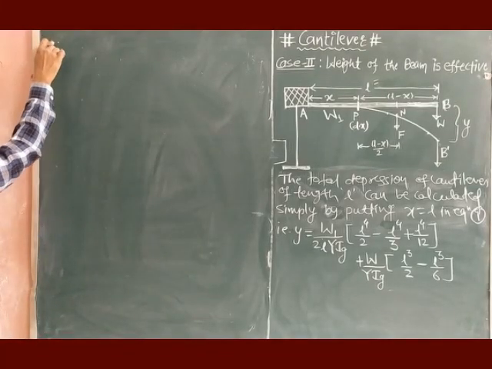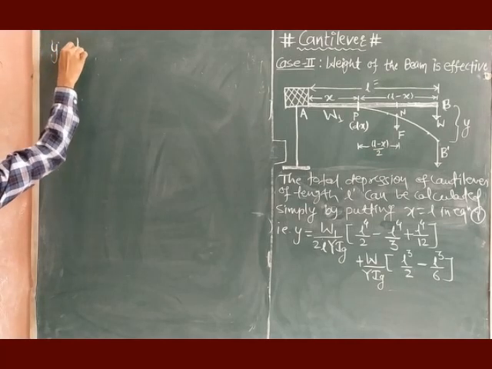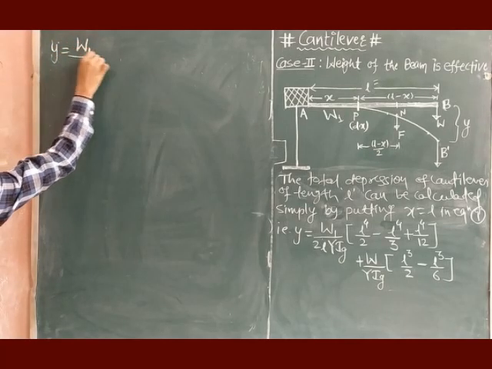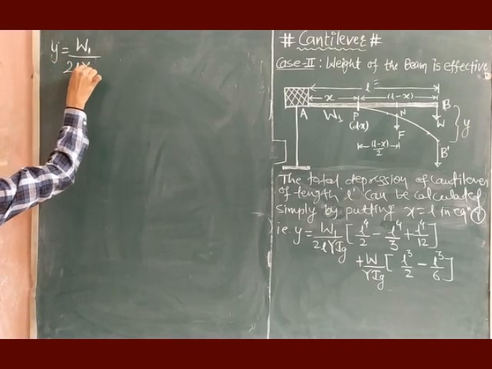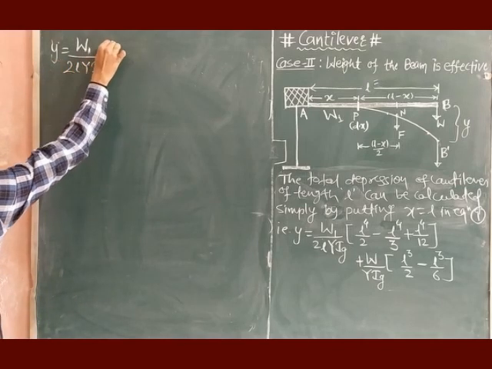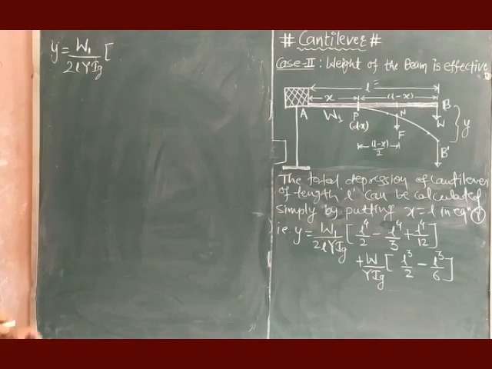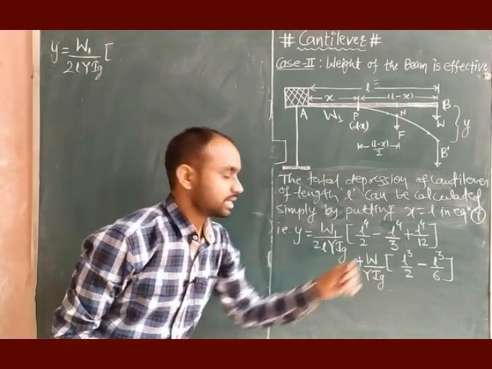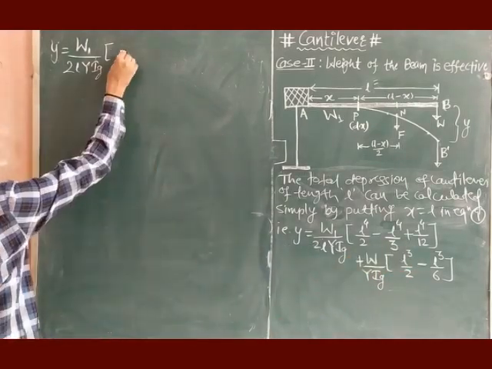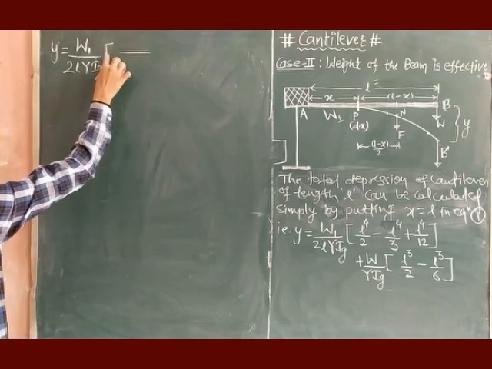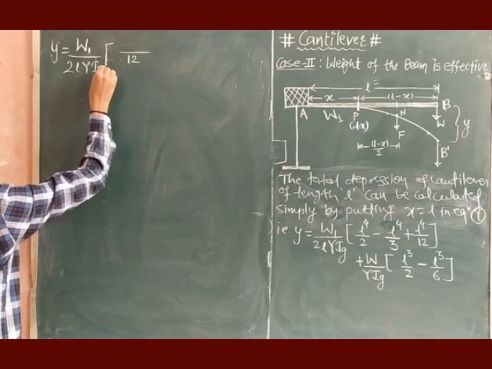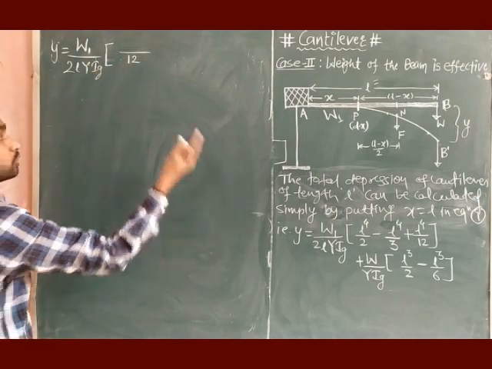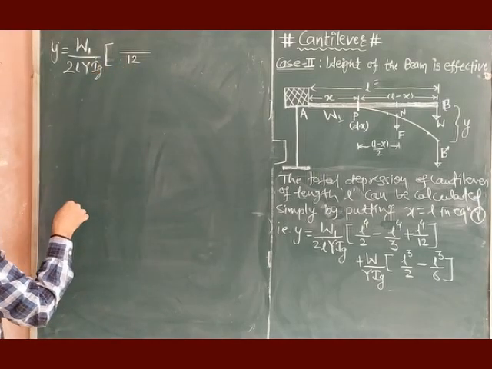Therefore, y is equal to W1 divided by 2LYIG in bracket. Now in bracket, yes, let us take 12 as the GCD, right? 12. Okay. Now 2 6s are 12, right?